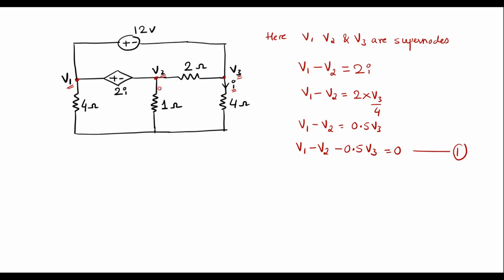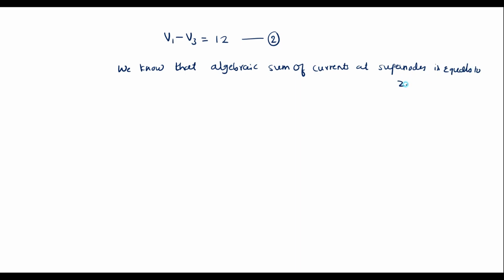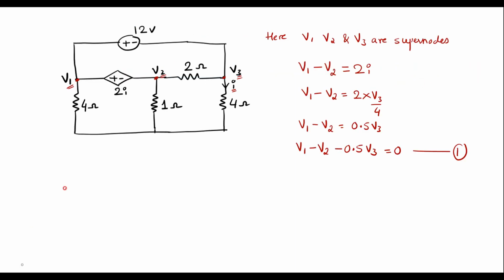So we know that if the nodes are supernodes, then the algebraic sum of currents at supernodes is 0. So let current through this branch be I1.